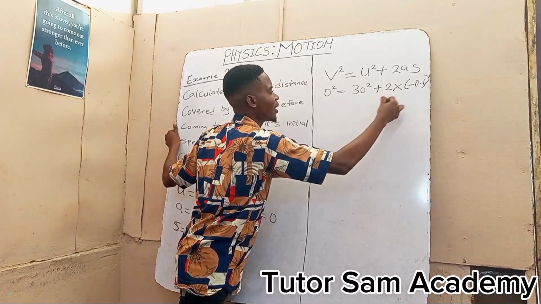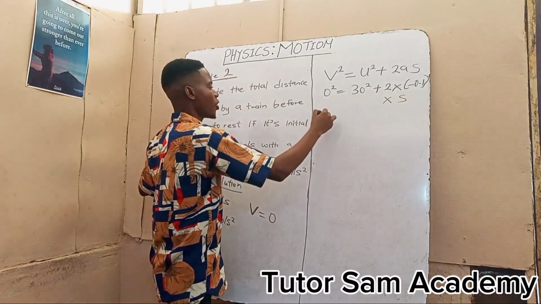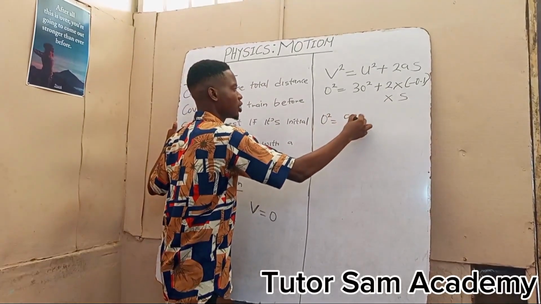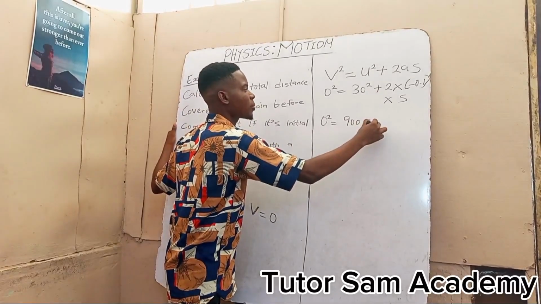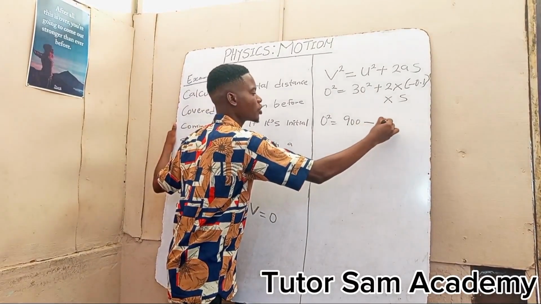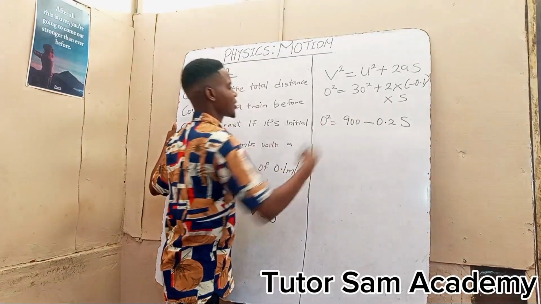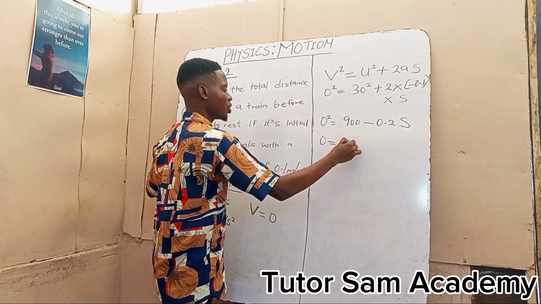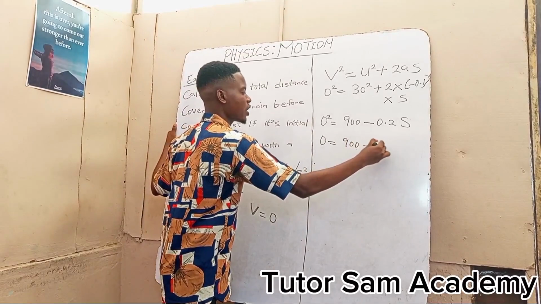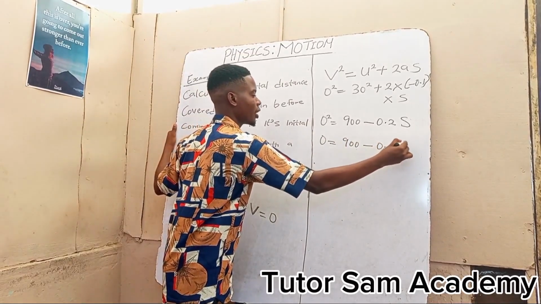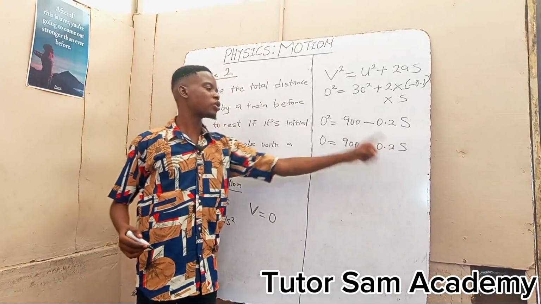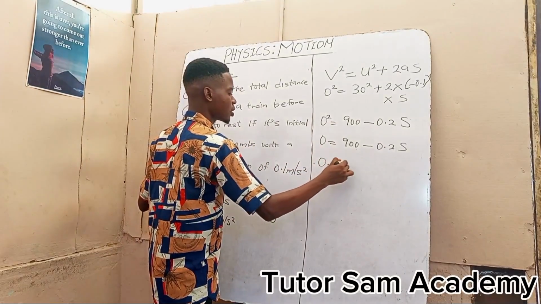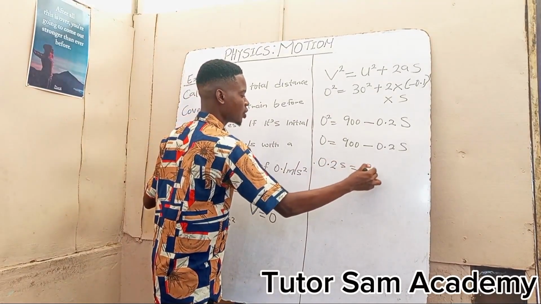Then multiply by S. So from here, 0 square is 0, 30 square gives us 900. So this will be 2 multiplied by 0.1, which is 0.2 S. So this is 0 is equal to 900 minus 0.2 S. So I can take 0.2 S to this side, so it becomes plus 0.2 S is equal to 900.